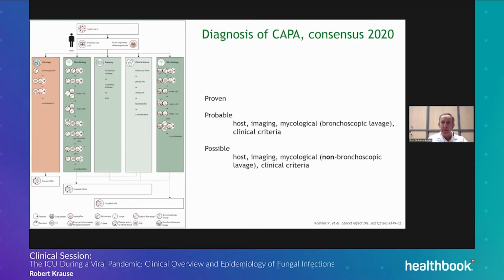And in probable COVID-19 associated pulmonary aspergillosis, there is the requirement of certain host factors, imaging factors, and mycological factors done on samples obtained by bronchoscopy, and there are also clinical criteria that must be present.